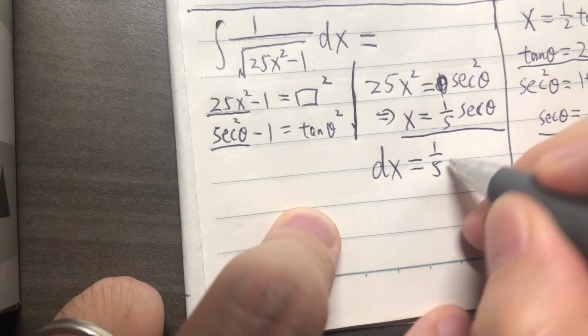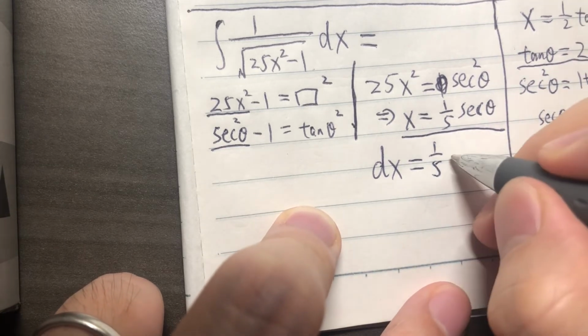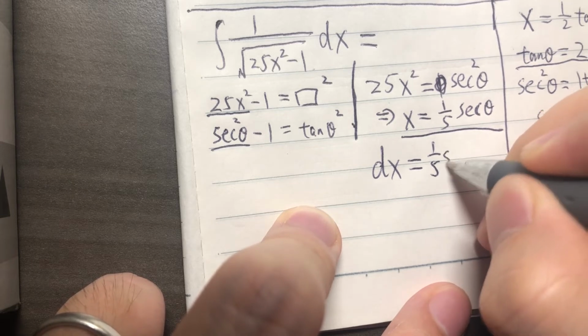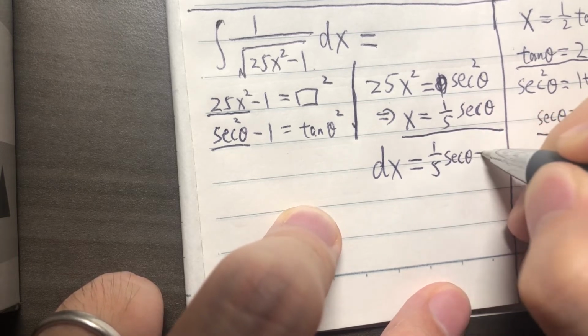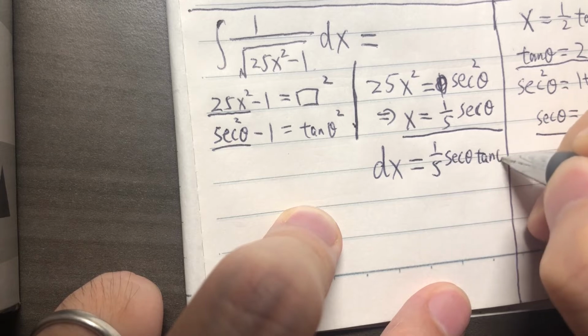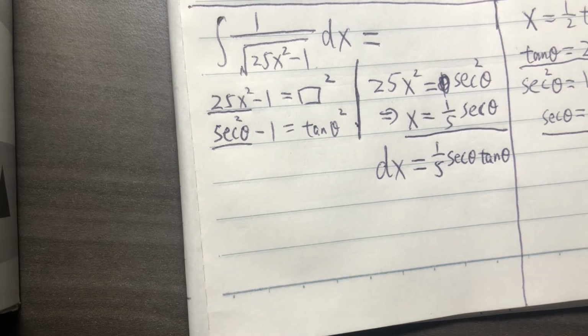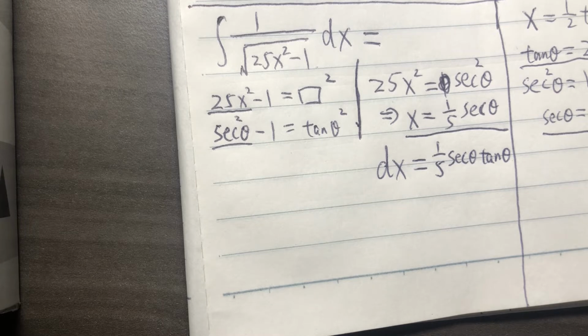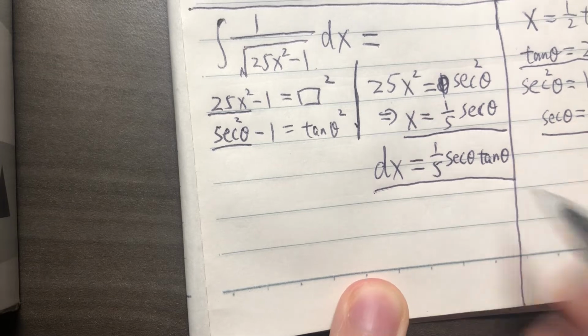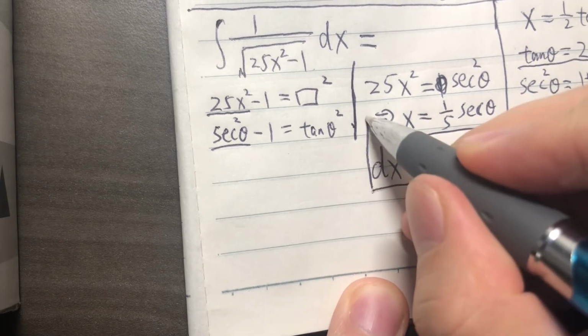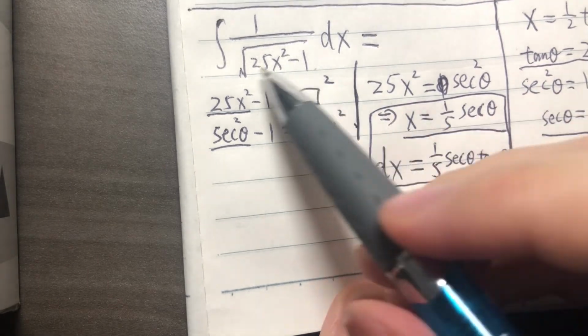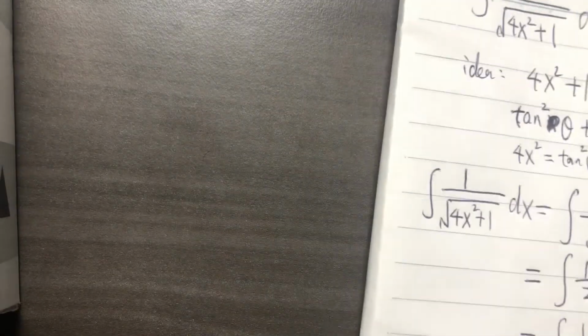The derivative of secant is secant times tangent, so it is secant theta tangent theta. This is our trig substitution. And we plug this one right back in here. Let's start a new page.